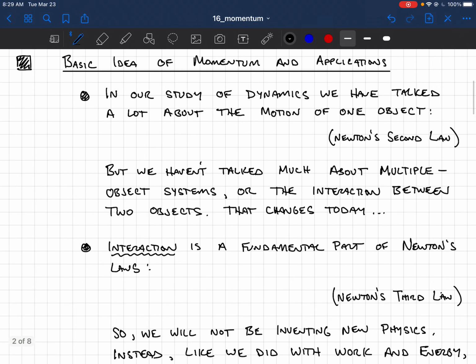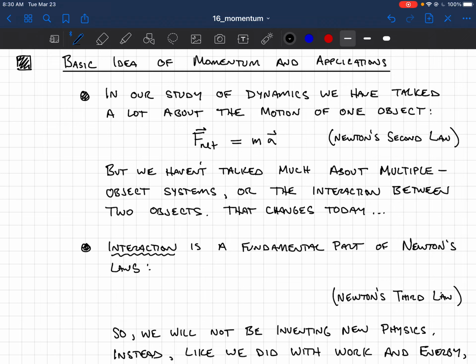So what is the basic idea? Well, first, we've talked a lot about Newton's second law. So Newton's second law, of course, is the net force, or the sum of the forces, is equal to some mass times its acceleration. So this is a law for the motion of a single particle.